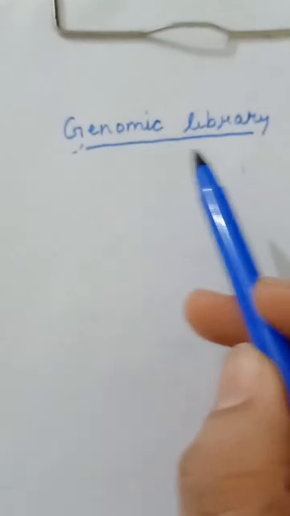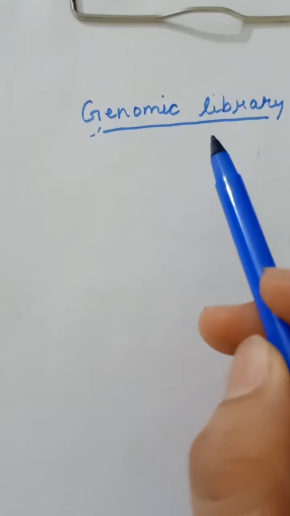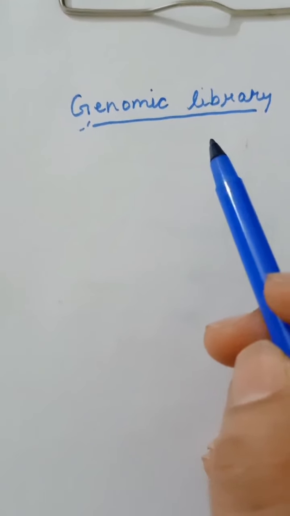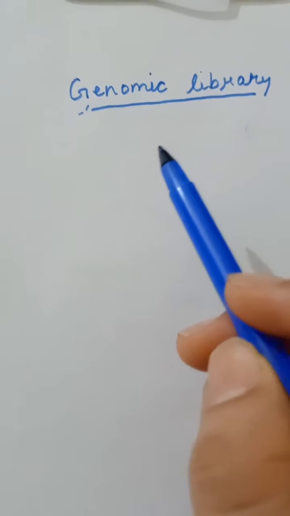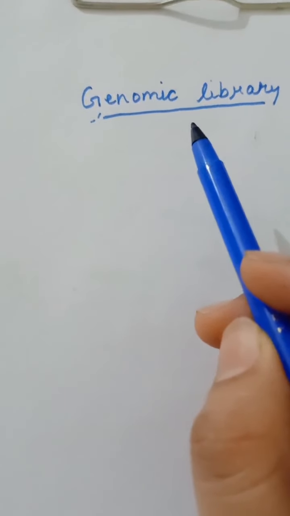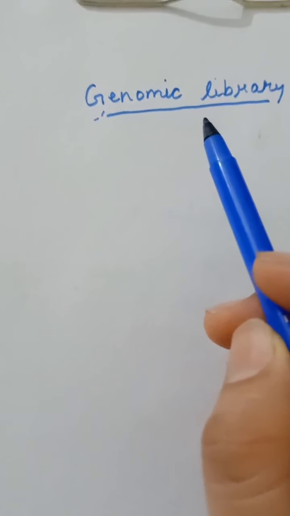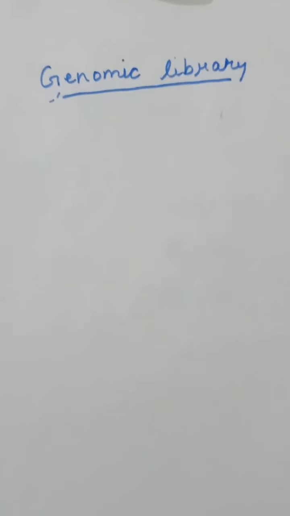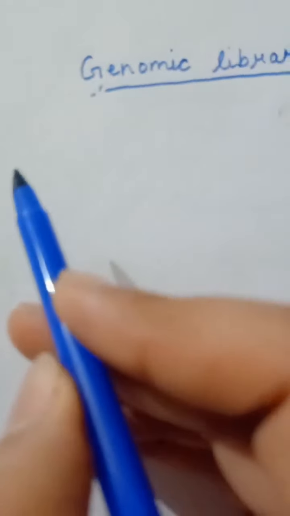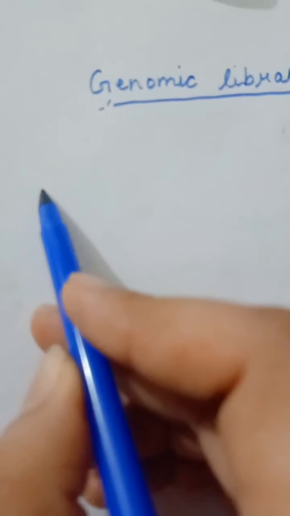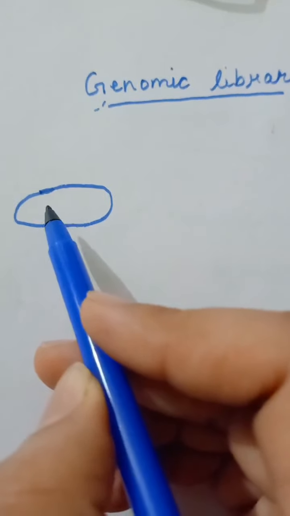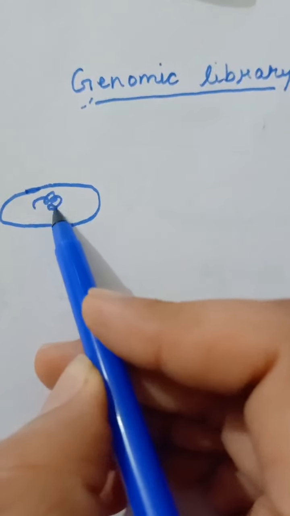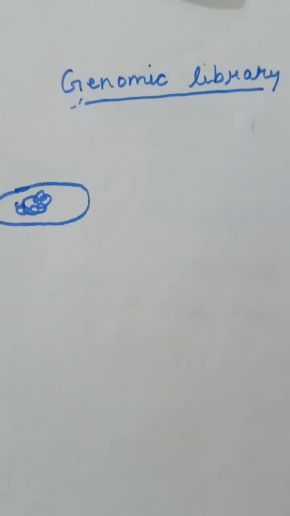For construction of a genomic library, the whole DNA, meaning the entire genomic DNA, is isolated from the cell or a tissue, and then it is purified and randomly broken into fragments of correct size. I'll show you how we can prepare a genomic library. For example, any cell from which we are going to isolate DNA.